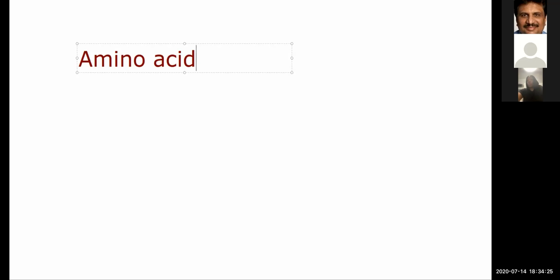An amino acid has a central carbon atom, and this carbon atom is connected to four things: one, two, three, and four. This is the central atom of an amino acid. One thing attached to it is NH2, with a subscript.